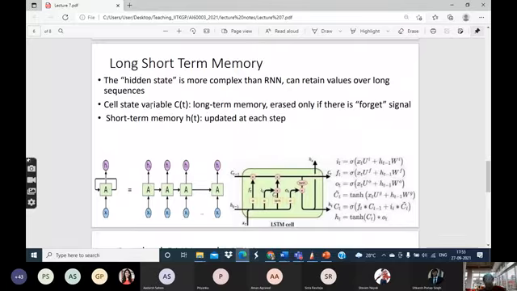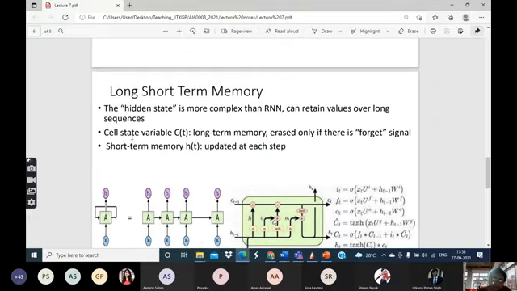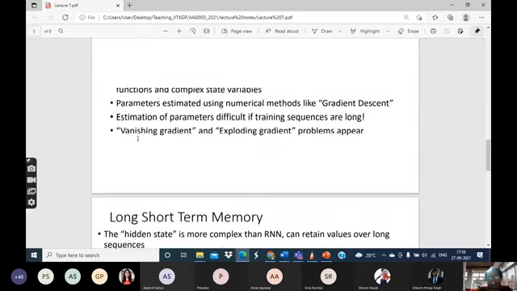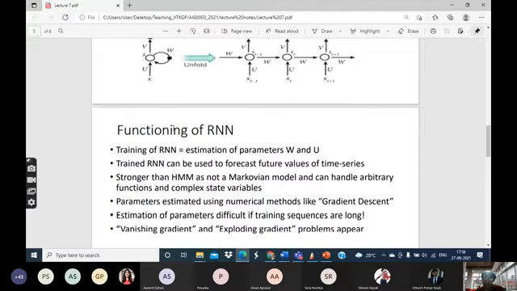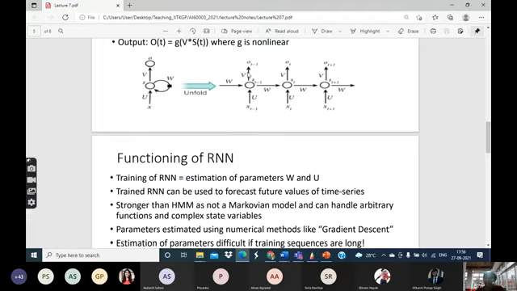Actually there is a different rationale apart from vanishing and exploding gradient. There is another rationale for having the two things. As you can see, in case of RNN, the state variable is getting updated at various time points.